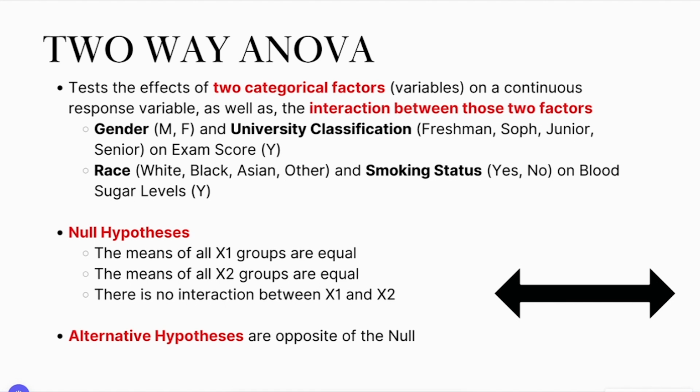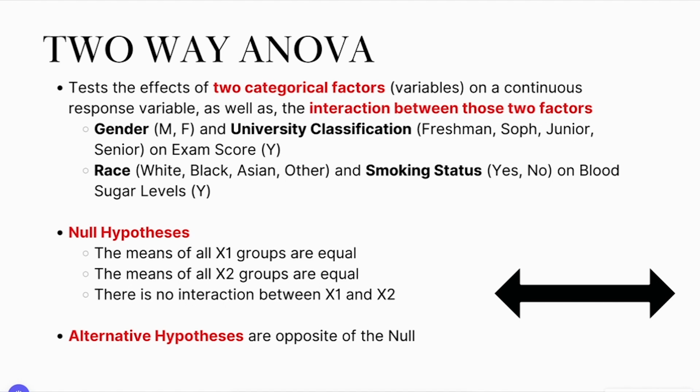You also can look at race against the categorical variable smoking status, and those two features' effect on blood sugar levels.